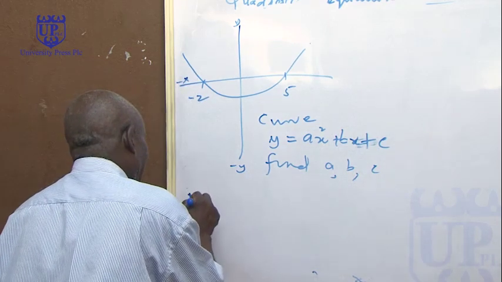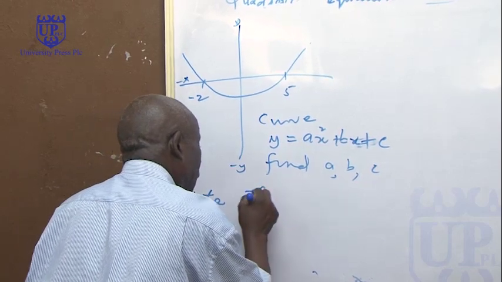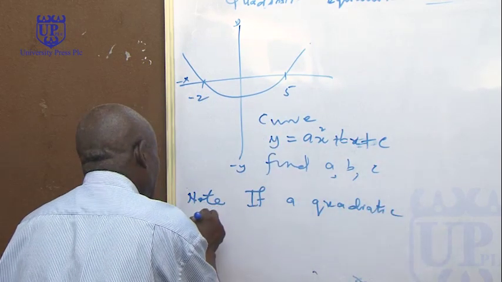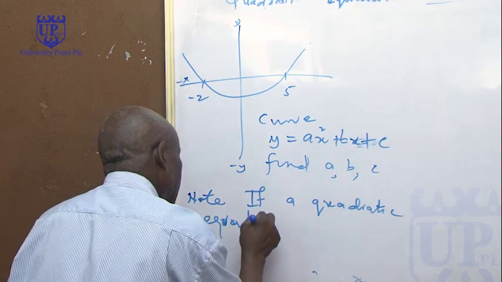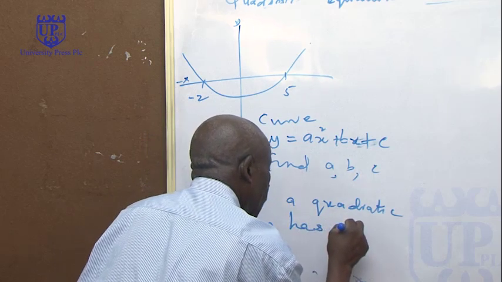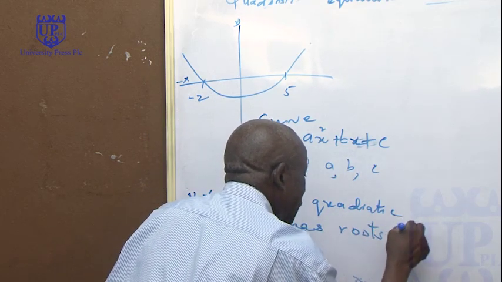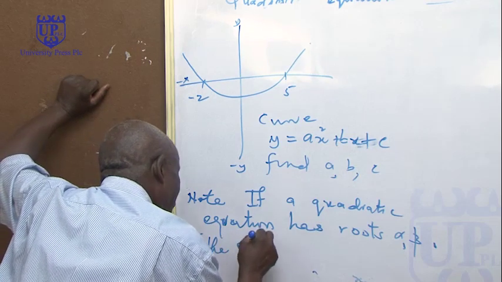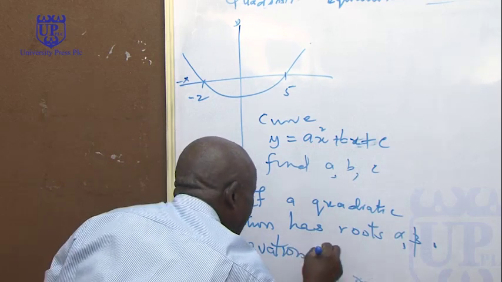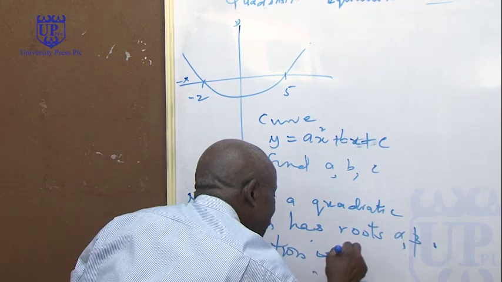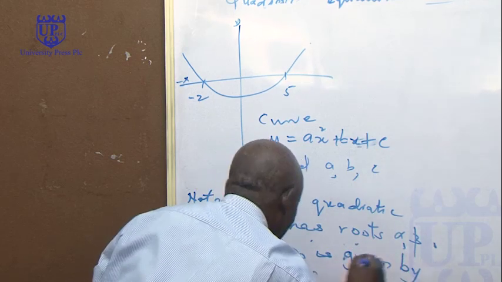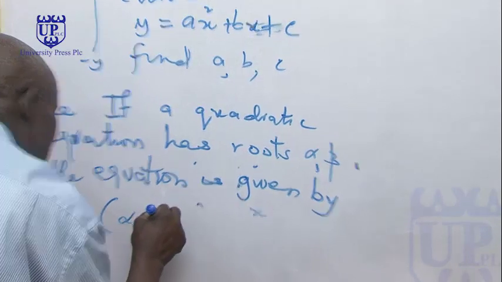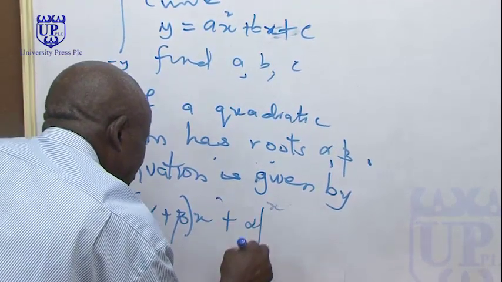Note, a quadratic equation with roots alpha and beta is given by x raised to power 2 minus (alpha plus beta)x plus alpha beta equals 0.